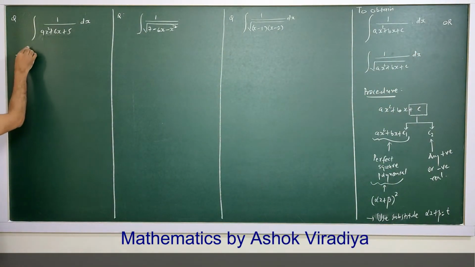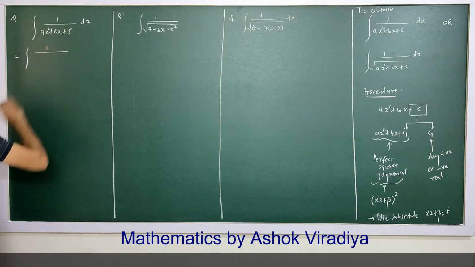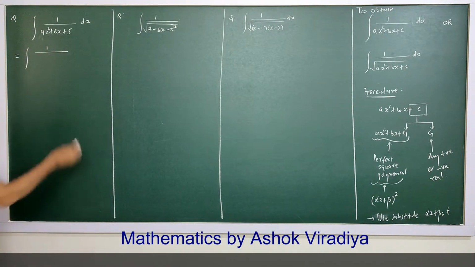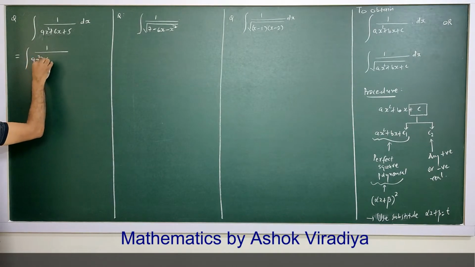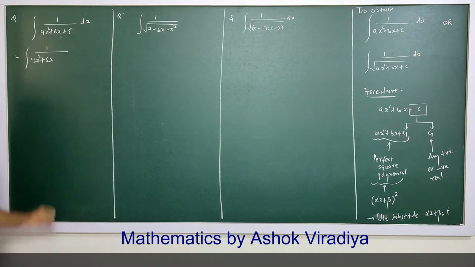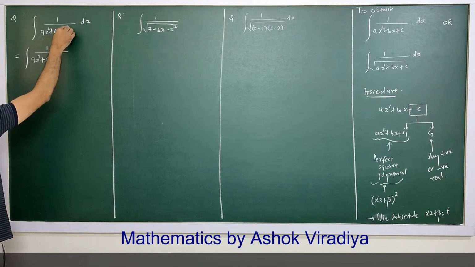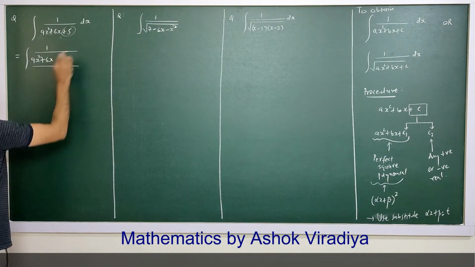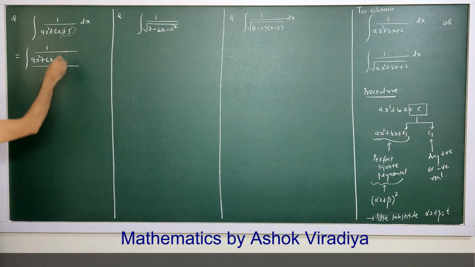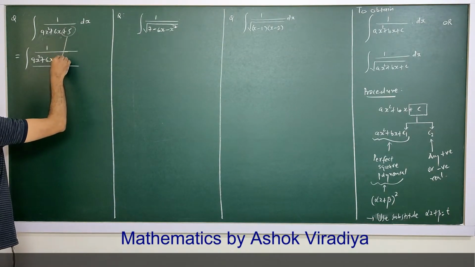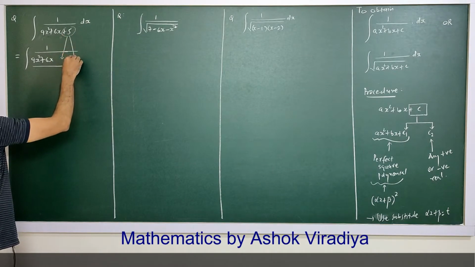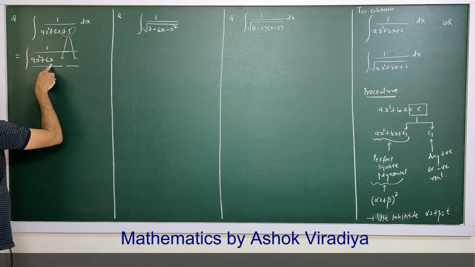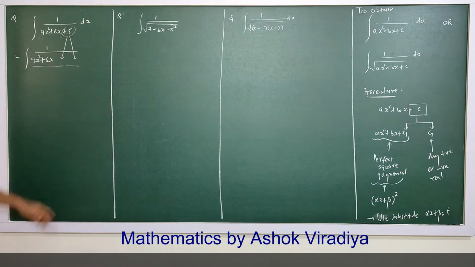Here, 1 upon, by this method, 9x square plus 6x, keep as it is. This plus 5 we are splitting in two parts, such that one part is the last term of the perfect square polynomial and the other part any real. It can be positive, it can be negative.